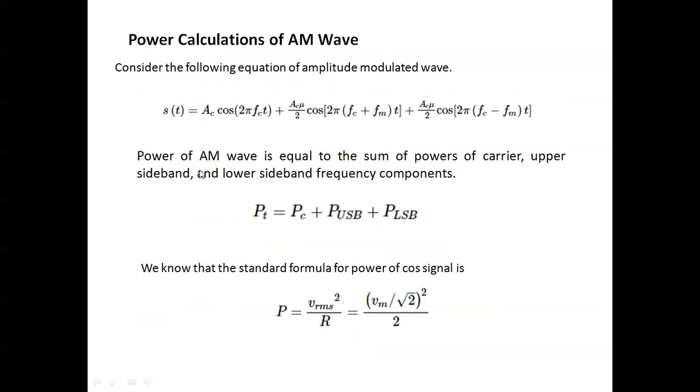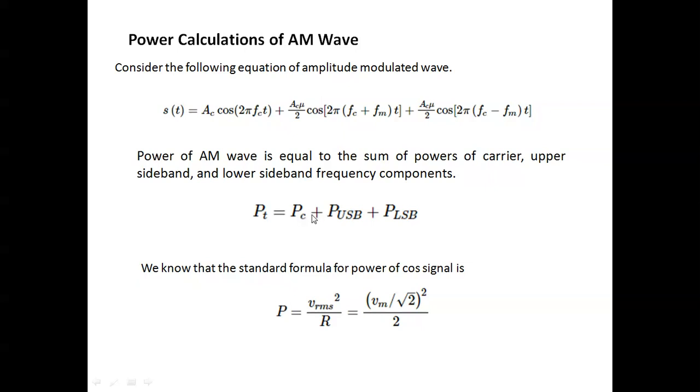So consider the equation of amplitude modulation. We already know this equation from the last slide. The power equation is PT equal to PC plus upper sideband power plus lower sideband power.